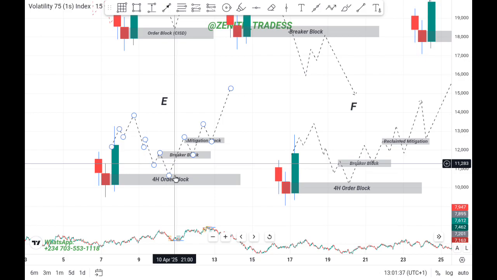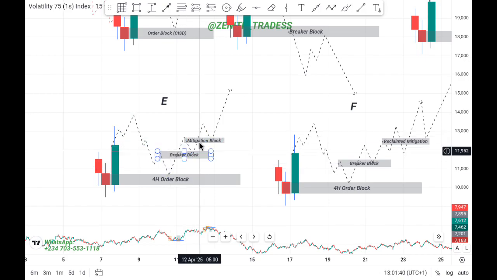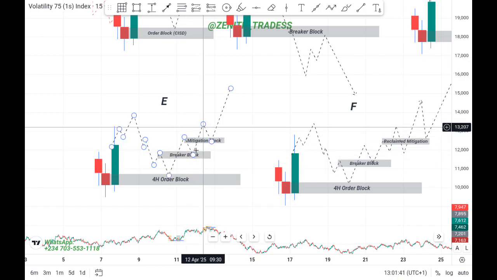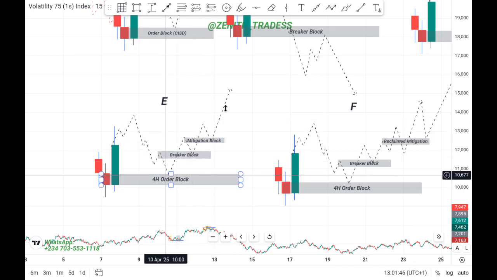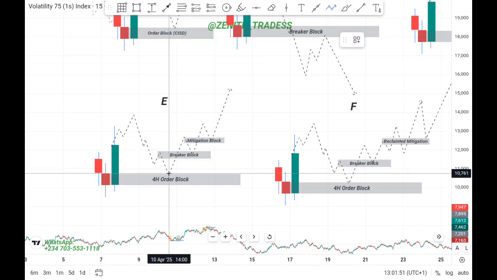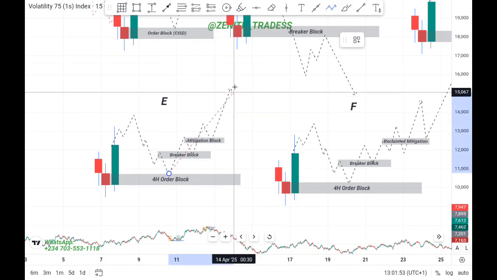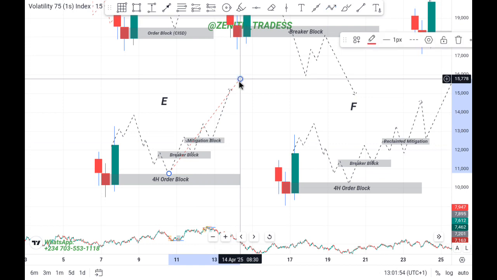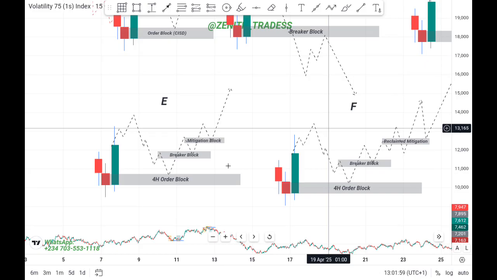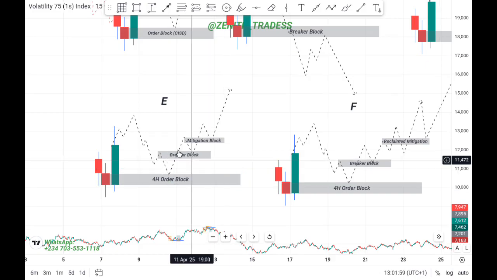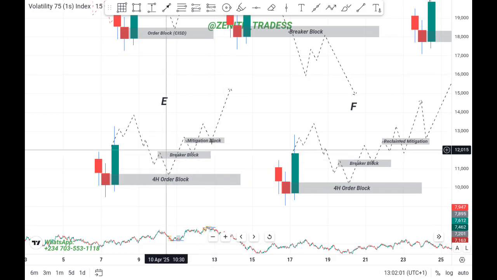After that breaker block, the next old high that was invalidated, before price retested it, is from this existing bullish trend. So that's a mitigation block. Price just comes to mitigate it, then continues with this bullish trend. So that's the difference between a mitigation and a breaker block. A lot of people have confusion when they want to make use of a breaker block or a mitigation block.